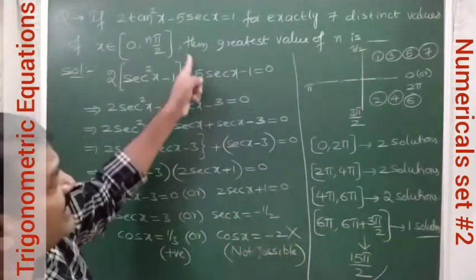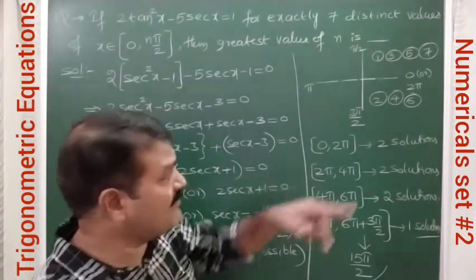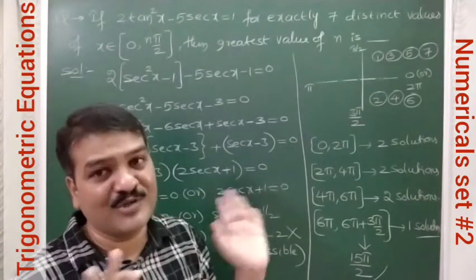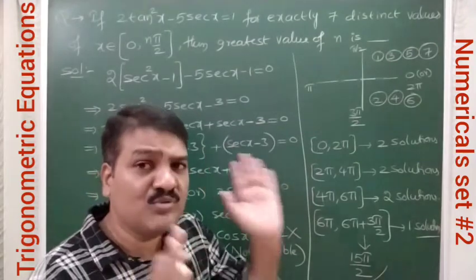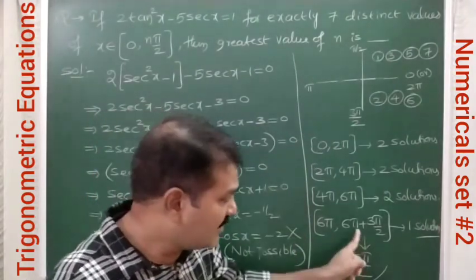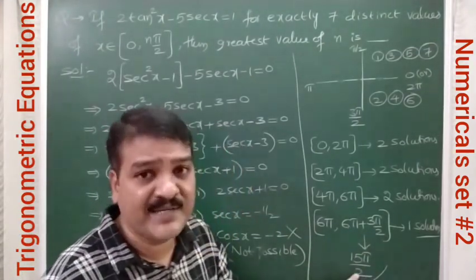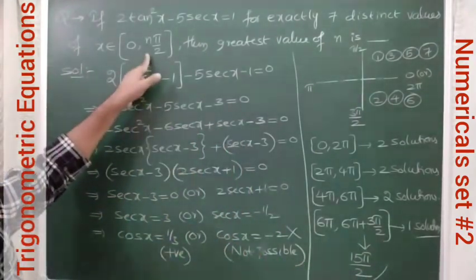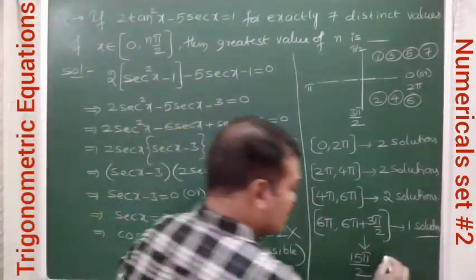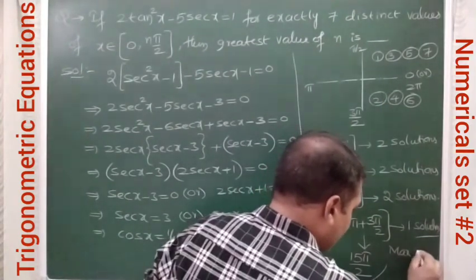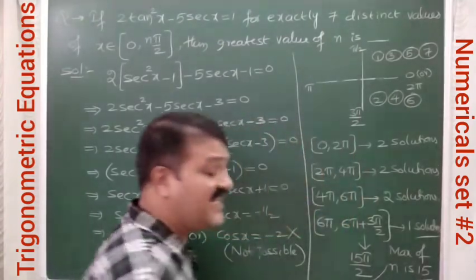But the maximum value of n is asked here. So for the greatest value, we can go up to 3 pi by 2 at the maximum, but not more than that. Therefore I use 3 pi by 2 here. So what is this maximum limit? 15 pi by 2. Compare with the question, in place of n you are going to get 15. So the maximum value of n is 15.